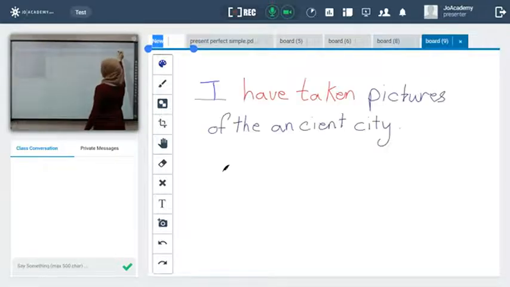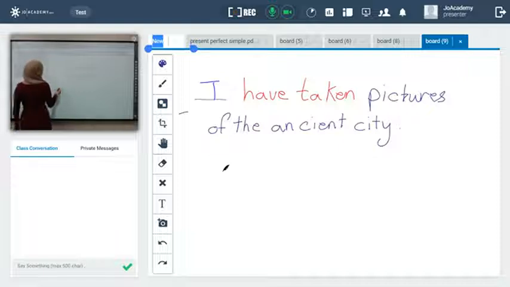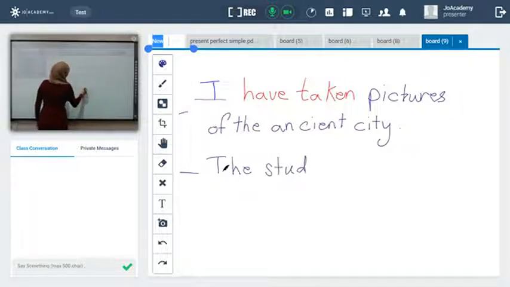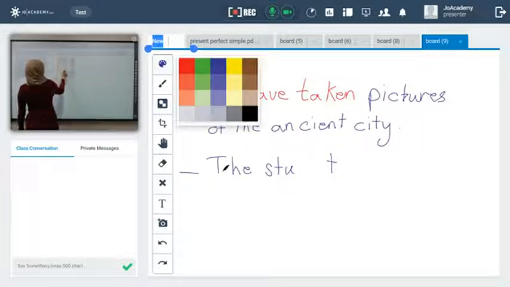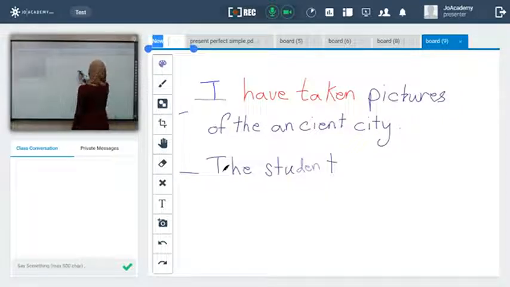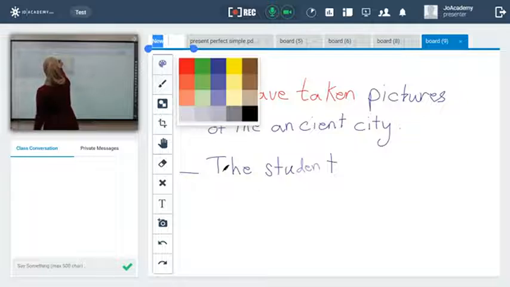So here we have, let's say, the student. So here let's rewrite it. The student. Do we say have taken or has taken?